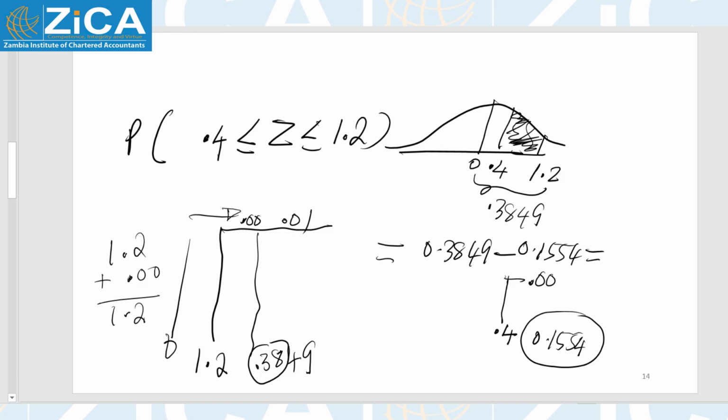And this will give you 0.2295. That is the correct answer. And you can see, on the right, these two numbers are on the same side. Okay? We subtract the smaller one from the larger one.